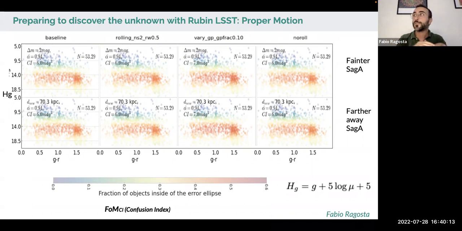The top row shows the case in which we made Sagittarius A fainter, and the bottom row is the case in which we make it more distant. And the color is color coded for the fraction of objects inside the error ellipse, which is the confusion index we were talking about. Next slide, please.